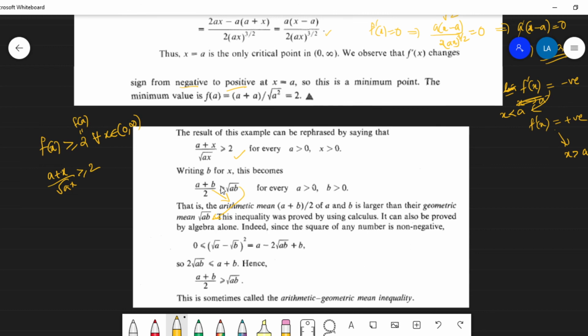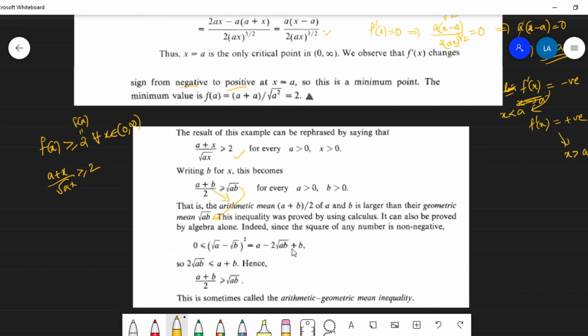And you just cross multiply and take the squares. Or usually how it can be proved is by using this: 0 is less than or equal to root of a minus root of b the whole square, definitely that is greater than or equal to 0, and you just simplify it.